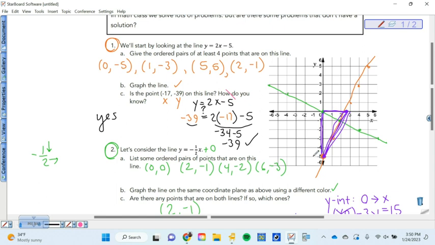So draw a line that doesn't share any points with the purple/orange line. Good. Ah, you're not bad.